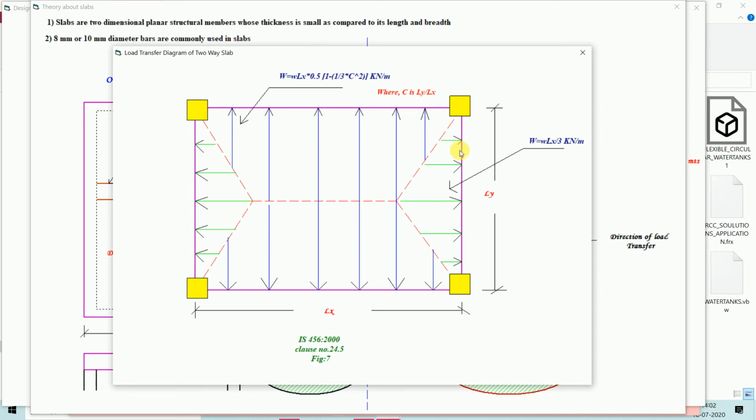Similarly, for triangular load, W is equal to small w Lx by 3 kilonewton per meter, where small w is the dead loads or live loads, in units of kilonewton per meter square. This is the load transfer diagram of the two-way slab.